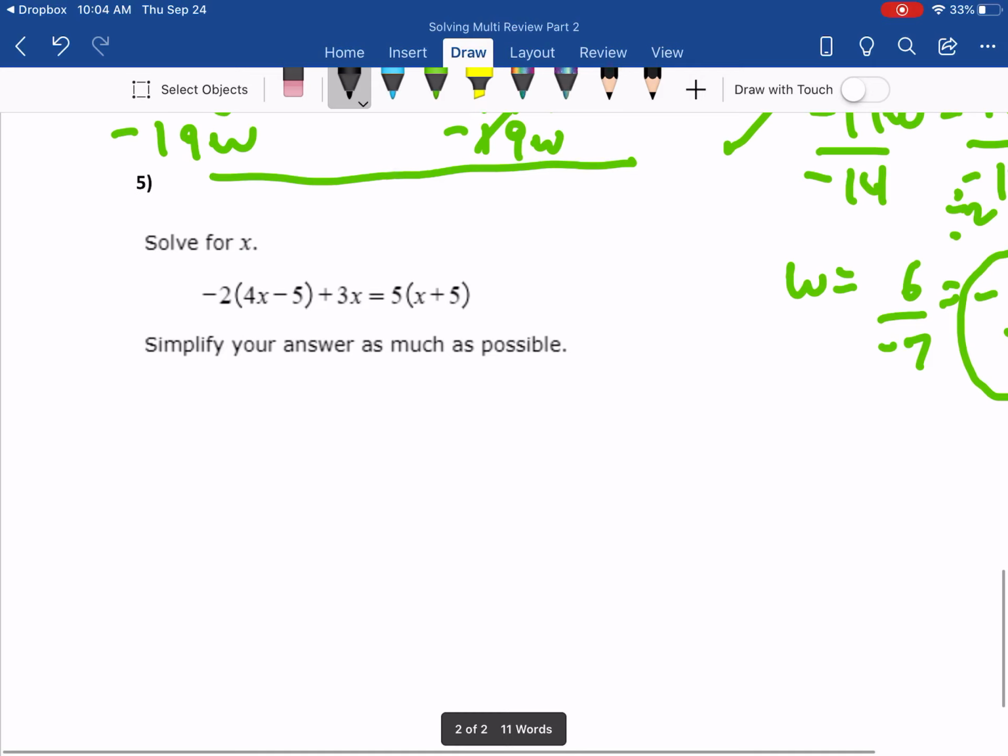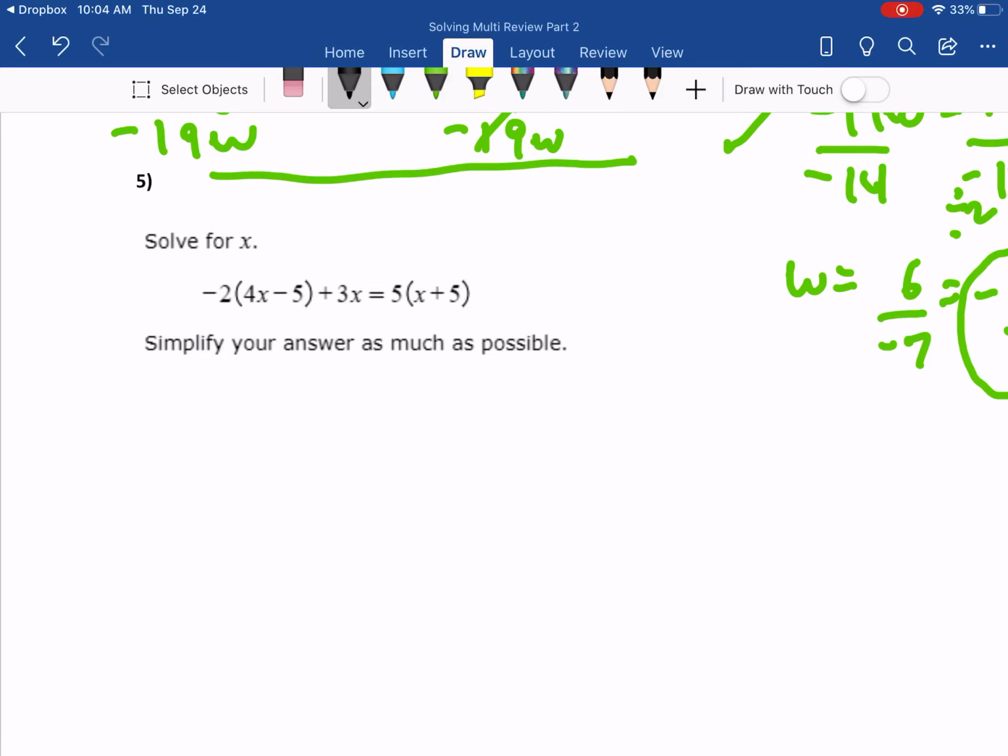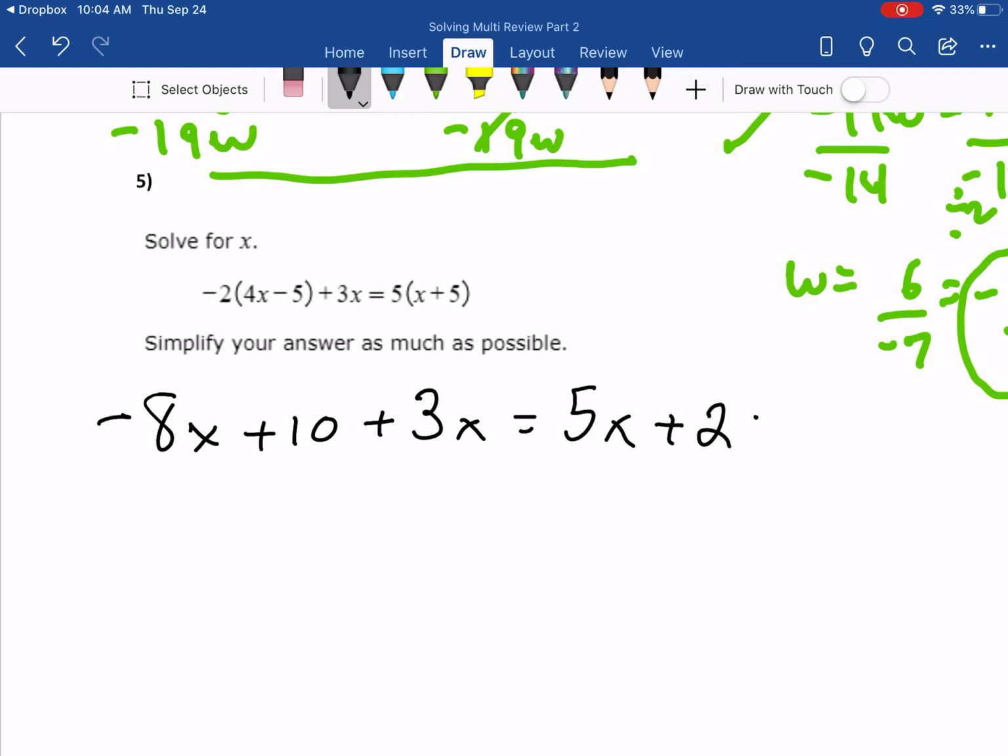All right, number 5. Okay, we have distribution. Let's distribute. Negative 8x plus 10 plus 3x equals 5x plus 25. So you should see that the left side has like terms, the negative 8x and the positive 3x.